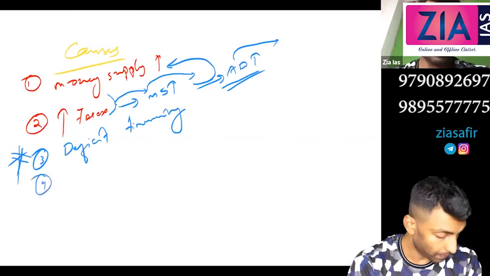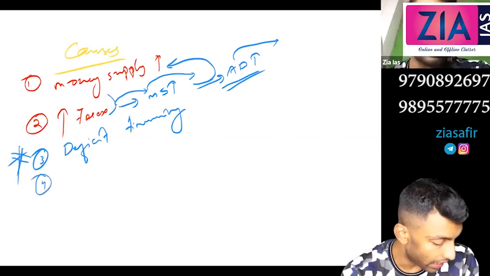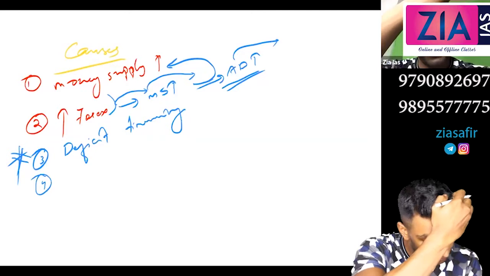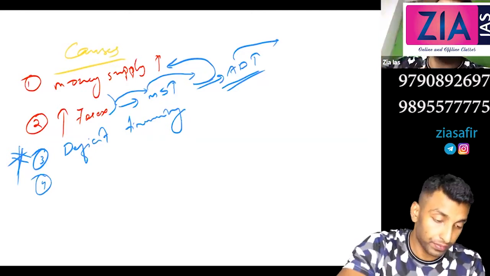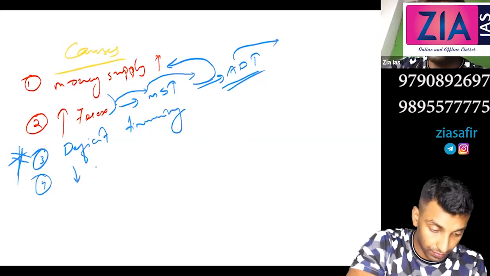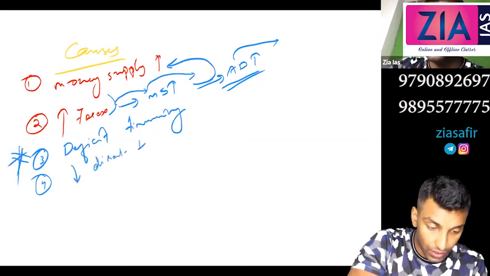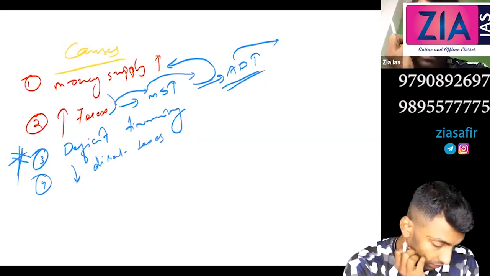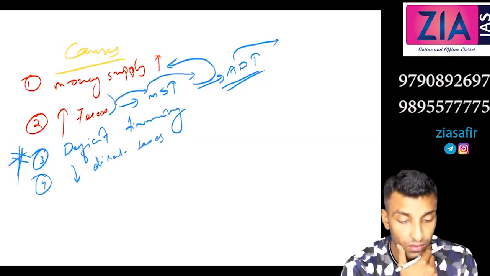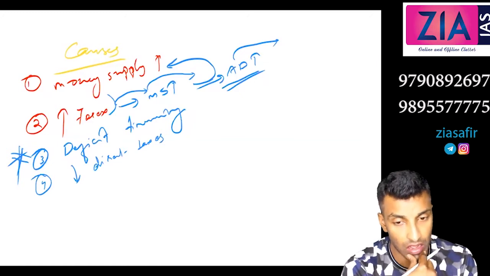Fourth one, reduction in direct taxes. Reduction in direct taxes. How is it creating demand pull inflation? Income increases means spending also increases.